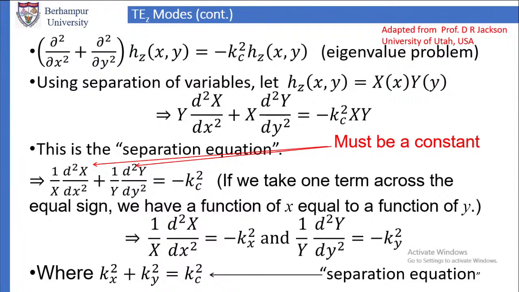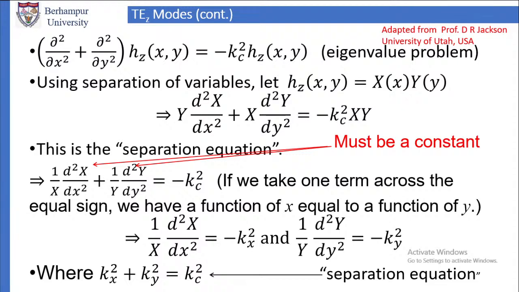So if you do that, ∂²/∂x² operating on X times Y. Now ∂²/∂x² will operate only on capital X, because Y is independent of x, therefore we will take Y common.